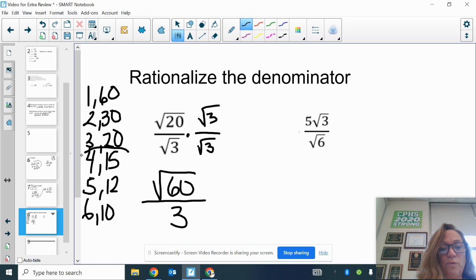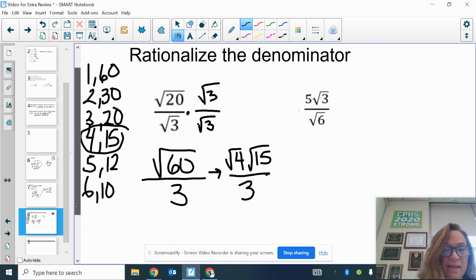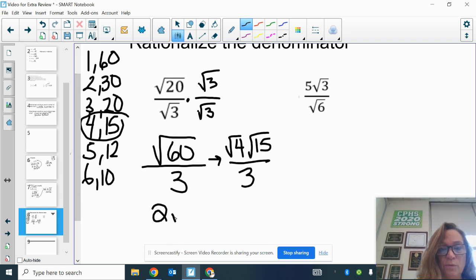So I'm going to use 4 and 15. So that becomes the square root of 4 times the square root of 15 over 3, which then becomes 2 radical 15 over 3.